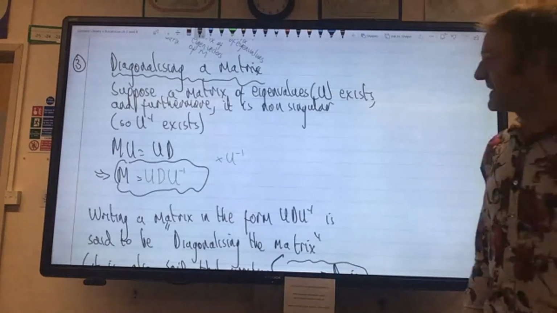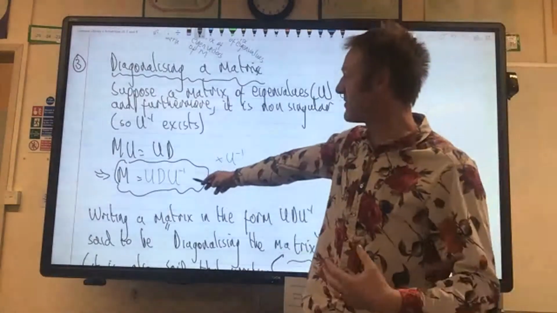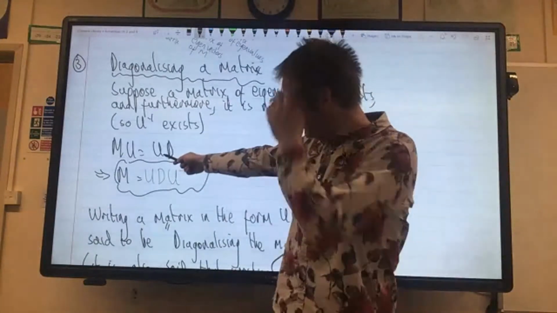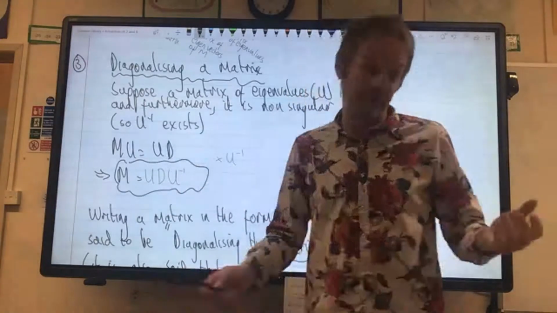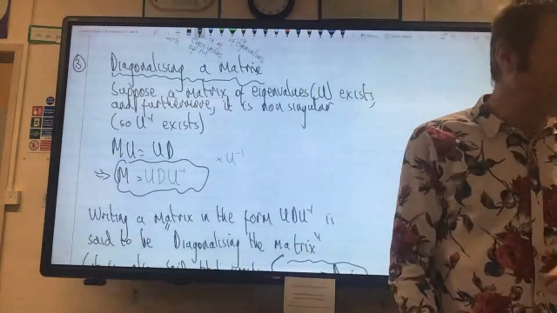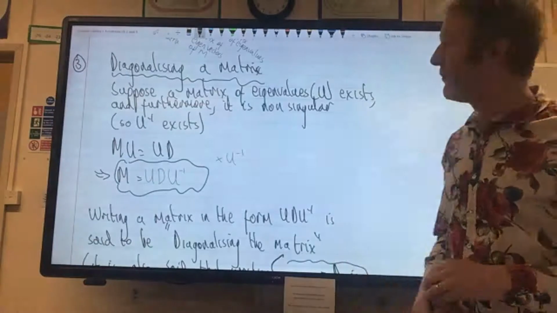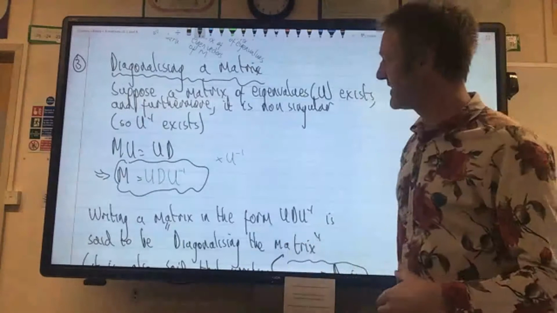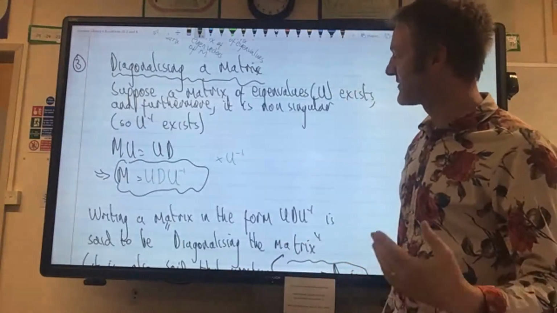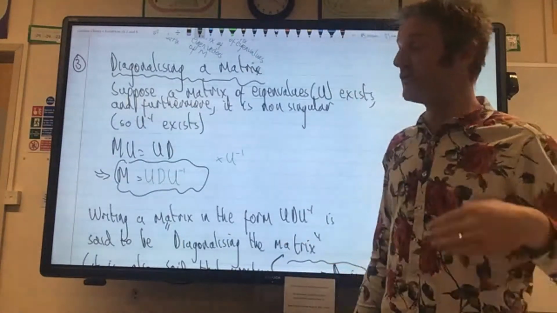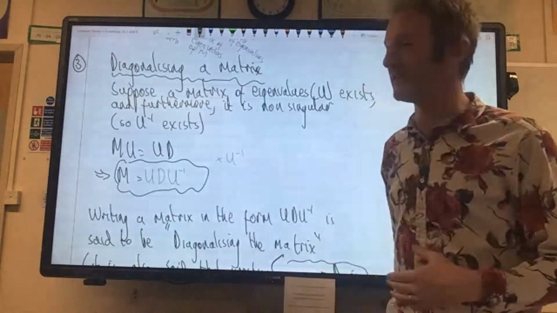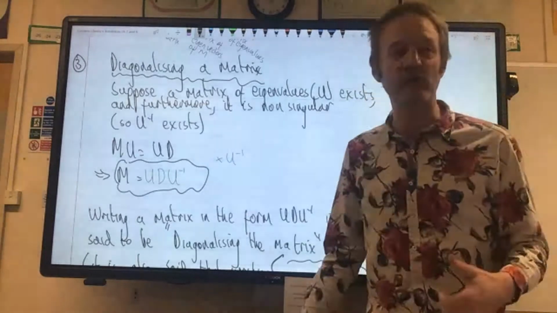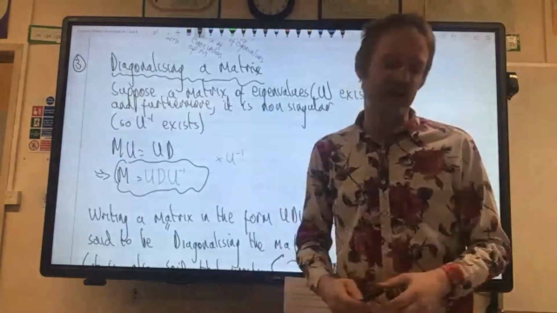At the moment, what you're going to be able to do is diagonalise a matrix, which means all you have to do is find its matrix of eigenvectors, its diagonal matrix, and the inverse. In the old textbooks, before this A-level, they could only do this on a very small number of matrices, square symmetric matrices, because it was deemed too fiddly to find the inverse of any old matrix. But now you're required to have a calculator that can find the inverse for you, so you can do this fairly quickly.